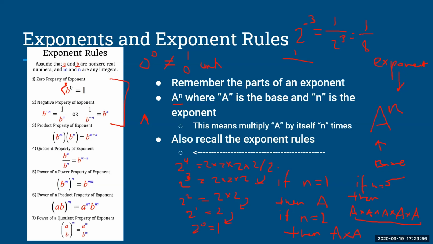But if I made this 0, you get into a big no-no because you can't divide by 0. So 0 to the 4th is 0 times 0 times 0 times 0. Dividing by 0 is already a big no-no.